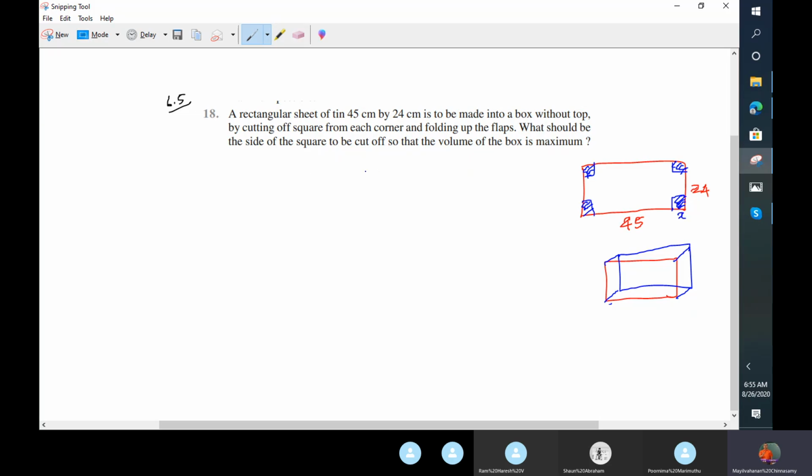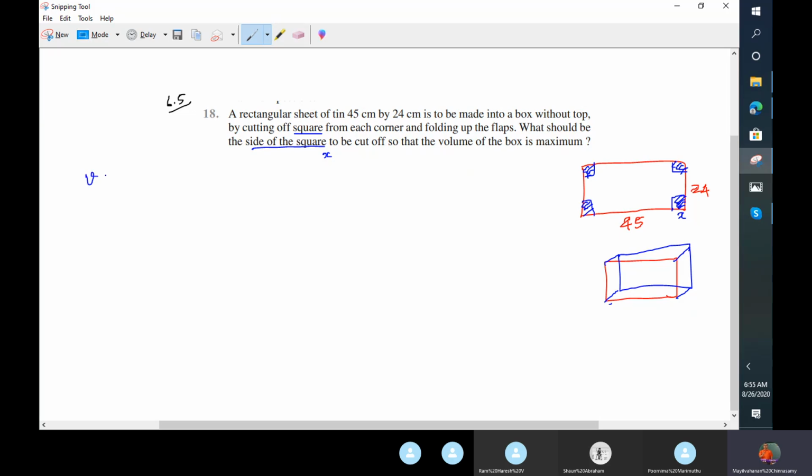By cutting a square from each corner and folding up the flaps, let the side of the square be x, that is cut off, so that the volume of the box is maximum.